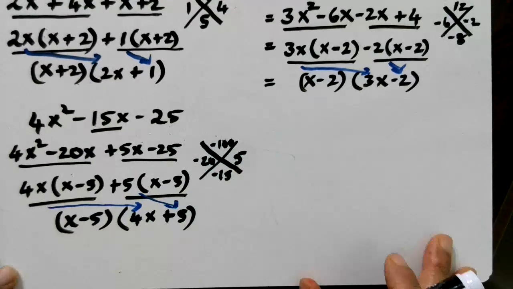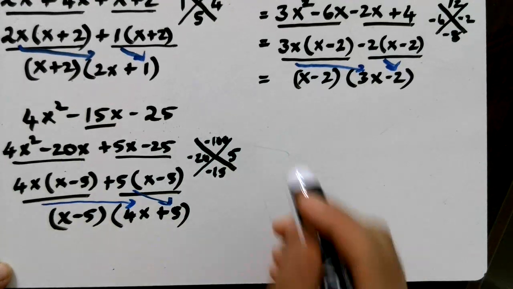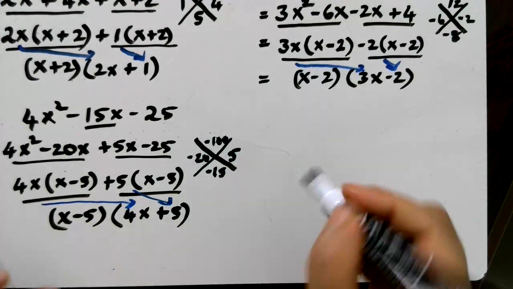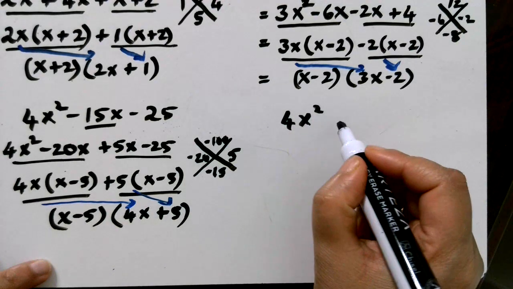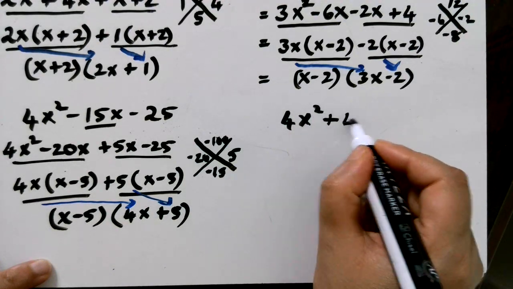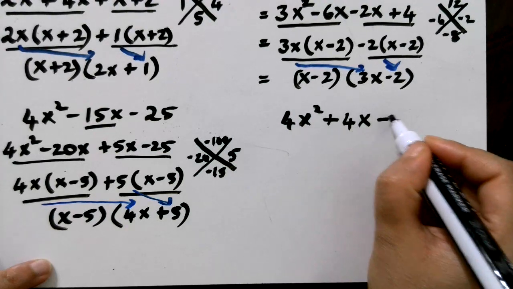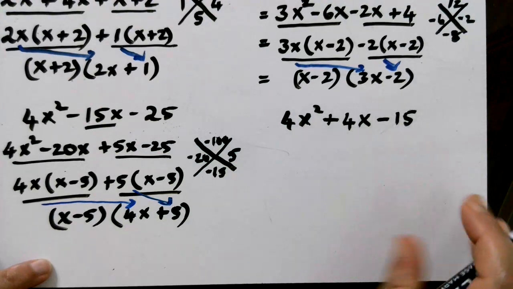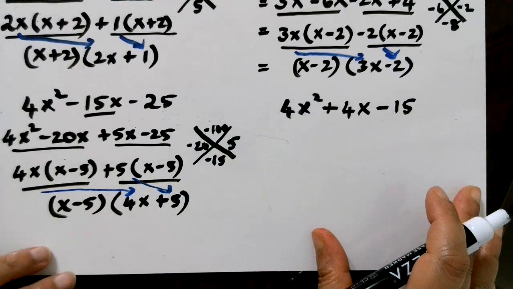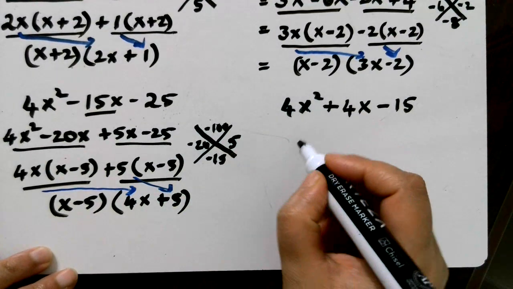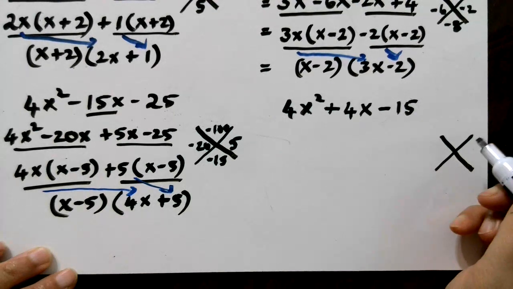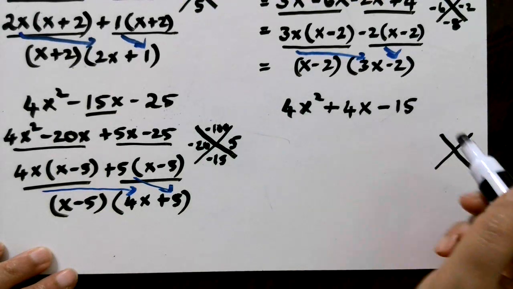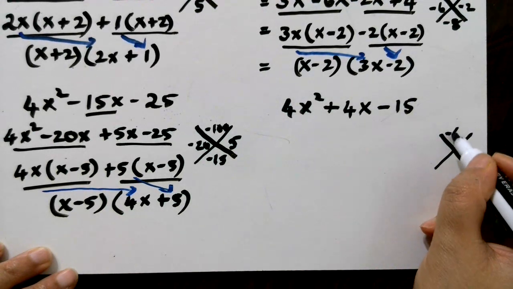Okay, let's do one last one. 4x squared plus 4x minus 15. You can always pause the video and try on your own. So we have 4 times negative 15, which is negative 60.